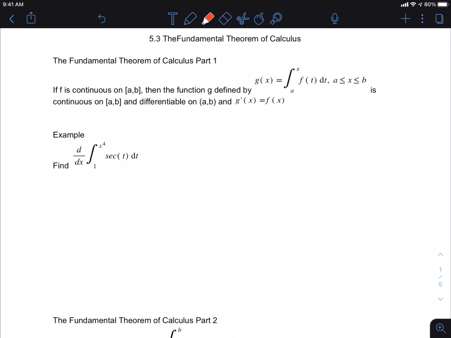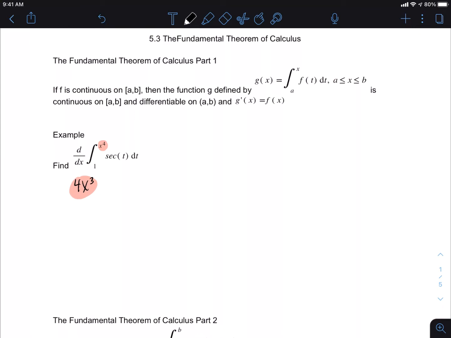So here's what's happening. This piece here is going to be differentiated. So what is the derivative of x to the 4th? 4x cubed. So we're going to get 4x cubed. So that's the derivative of it. And then all we're going to do with the inside piece, the function, the integral and the derivative cancel each other out, correct?